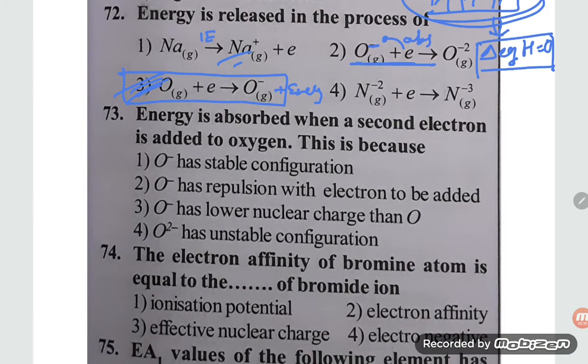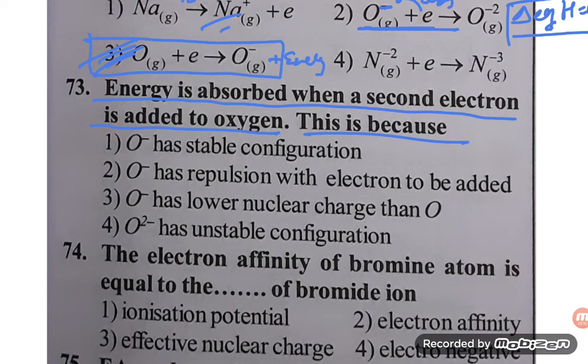Now problem number 73. Energy is absorbed when the second electron is added to oxygen. They are asking the reason. Why? Because of more repulsion.